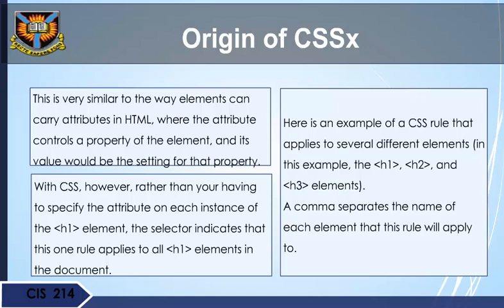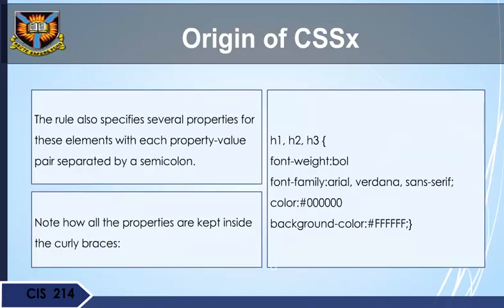Here is an example of a CSS rule that applies to several different elements. In this example, the H1, H2, and H3 elements. A comma separates the name of each element that this rule will apply to. The rule also specifies several properties for this element, with each property value pair separated by a semicolon.